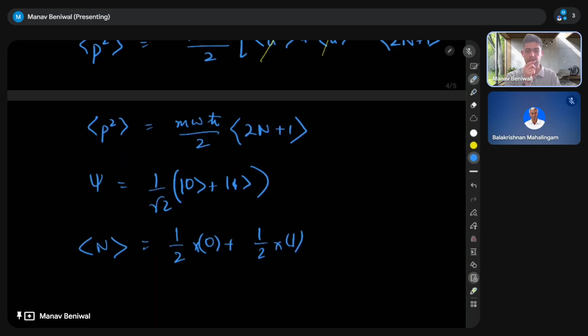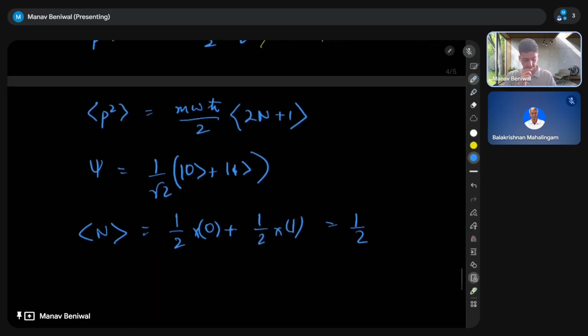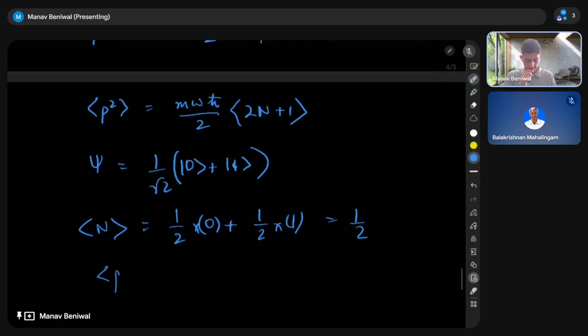This will be the expectation value, since there is half probability for it to be in the 0th state and half probability for it to be in the first state. So this term is 0 and we simply get half. So our n is half, therefore our p squared becomes m omega h cut by 2, 2 into 1 by 2 plus 1.